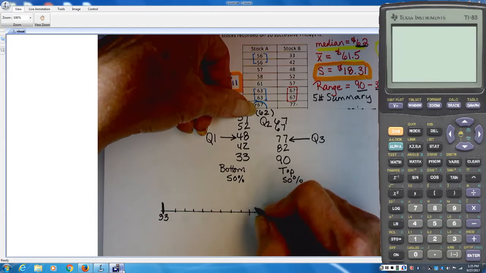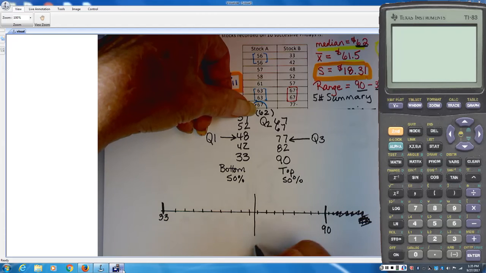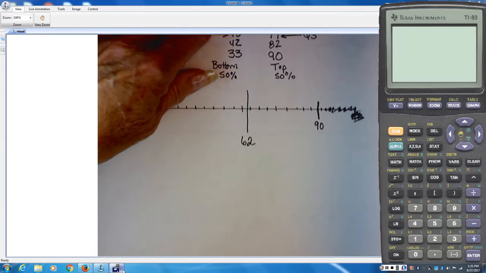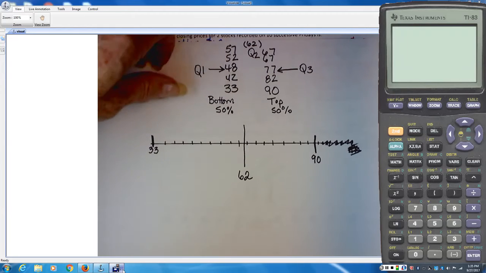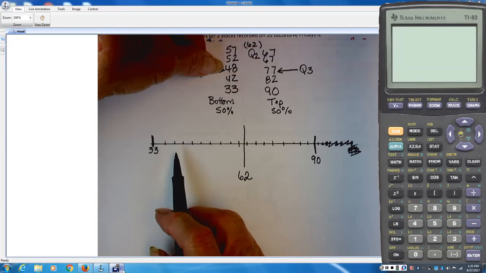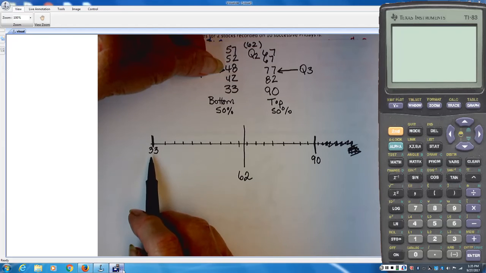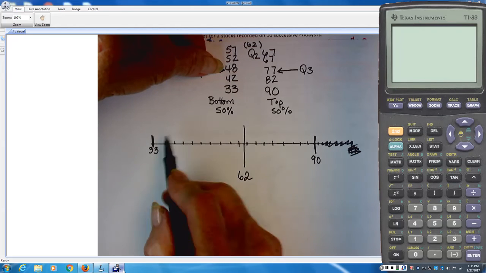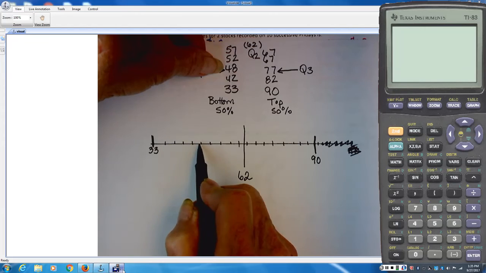This would be my median. Let's see if I can scoot it up now so you can see better. Then I need to know where 48 is. Well, 48 would be 33 plus 15. 3, 6, 9, 12, 15.